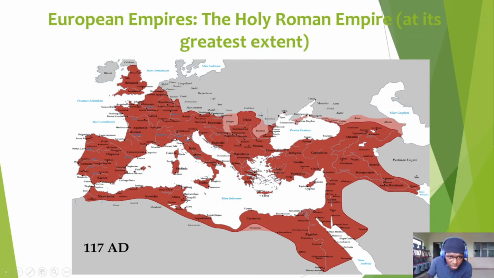Now, you see this place called Italia. Rome started just somewhere around here, and it expanded to cover land all the way to modern day Britain. Look, Britannia. It covers all the way to North Africa. Egypt, portions of Egypt, portions of the Middle East.